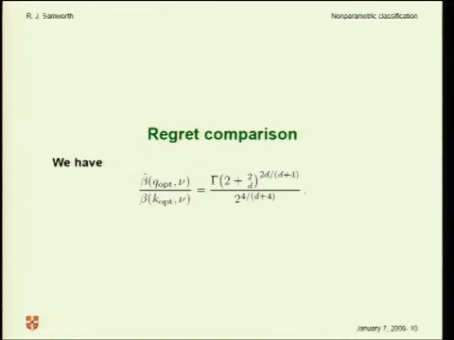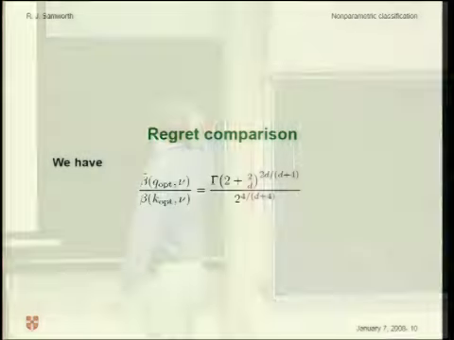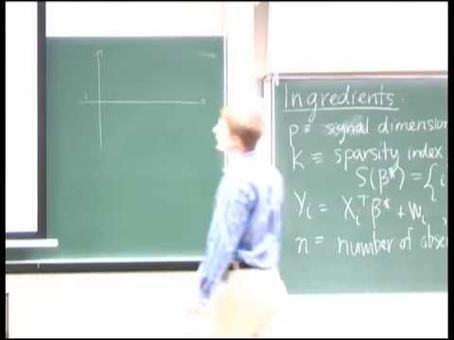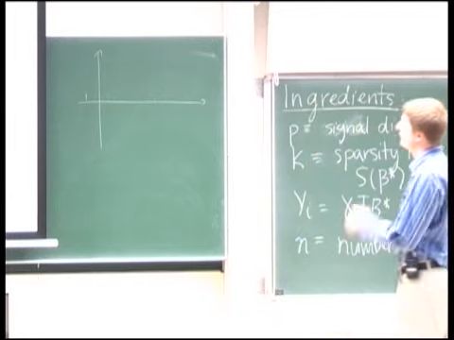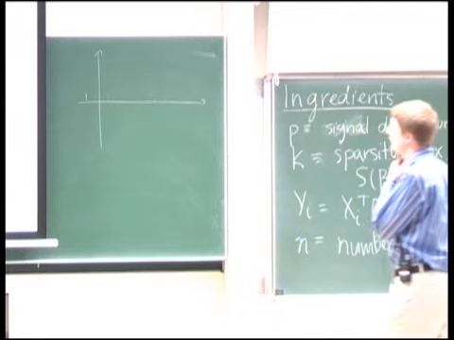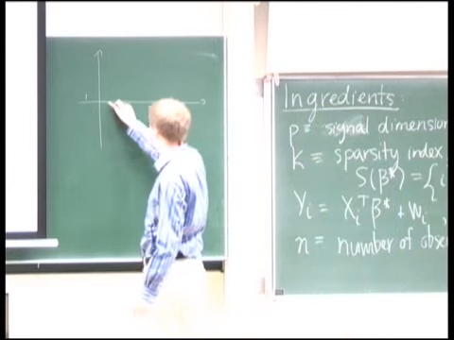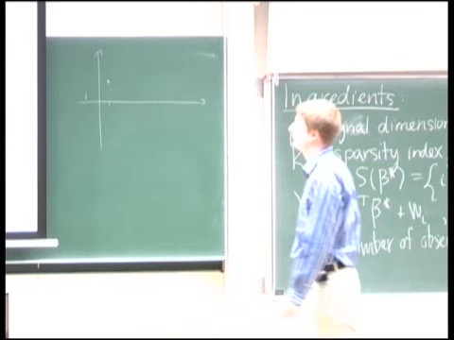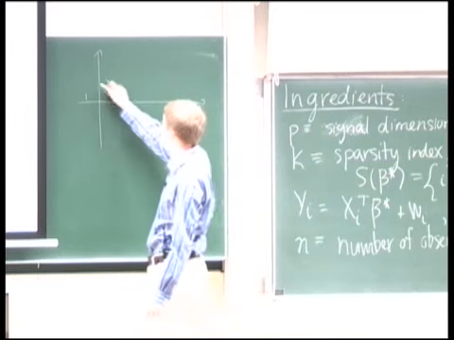Okay, so what does this function look like? If this is 1 here, 1 represents equal asymptotic performance. But when D is 1, the bagged nearest neighbour classifier does a bit worse, somewhere around 1.2.